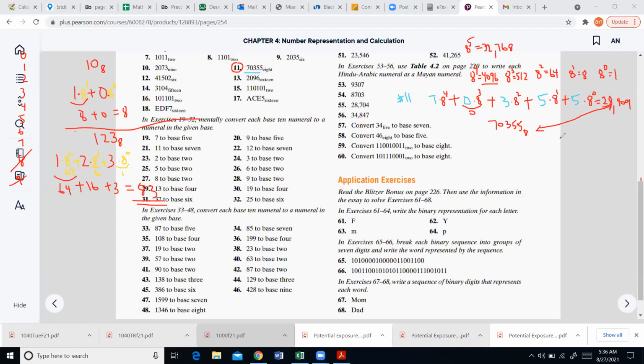So let's say you get onto a different planet where everything is totally different. You cannot use your past experiences to operate in a totally new environment. So you cannot really use base 10 ways of thinking. All you do is just utilize what they told you as definition. And definition is powers of 8. That's basically all it is. So it's no longer the number that you used to see. It's not 70,000. It's 70355 base 8. Just like that.